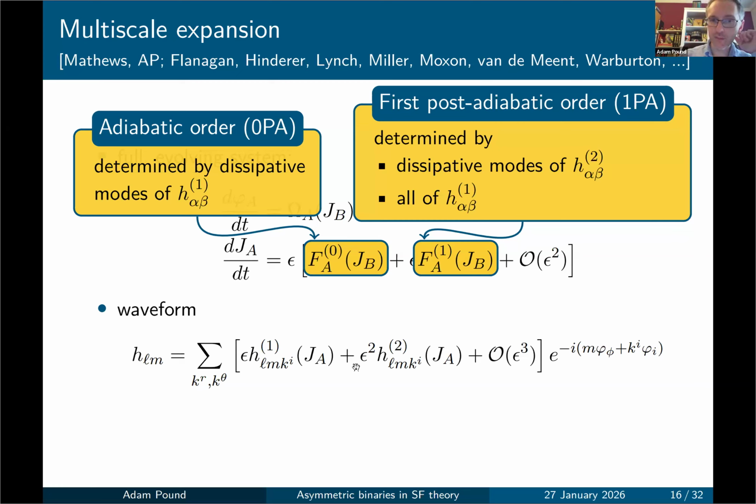So I'm skipping the expansion of the Einstein equation, which is where you get your waveform from. But as I said, we formulate the Einstein equation directly on the orbital phase space. So we kind of throw away space-time and we formulate the Einstein equation on this product manifold of phase space and space. I didn't want to get into those technical details, but the idea here is all of the functions are being expanded at fixed phase space variables.